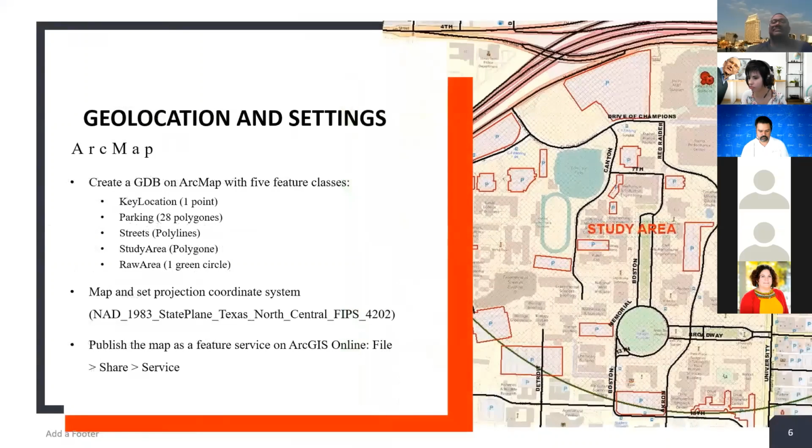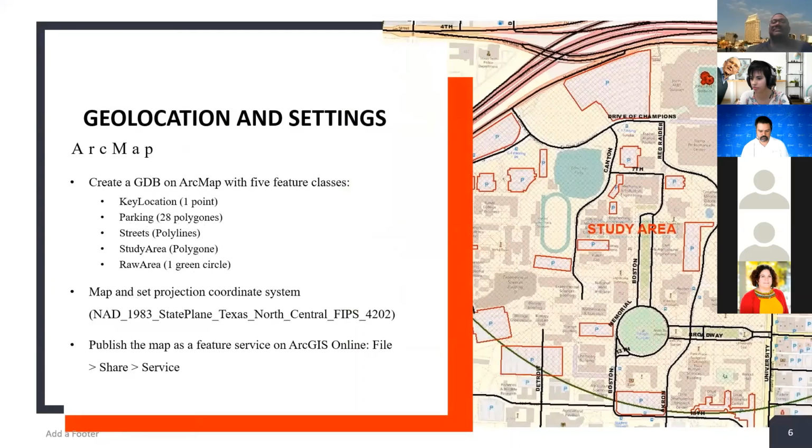So I also used some geolocation settings to make my map on ArcMap. First I created a geodatabase on ArcMap with 5 feature classes. I had my key location, which is the Jones AT&T Stadium, and that was a point feature.